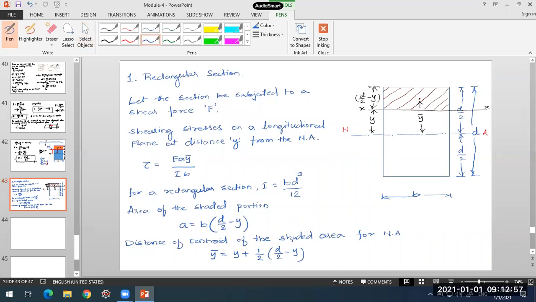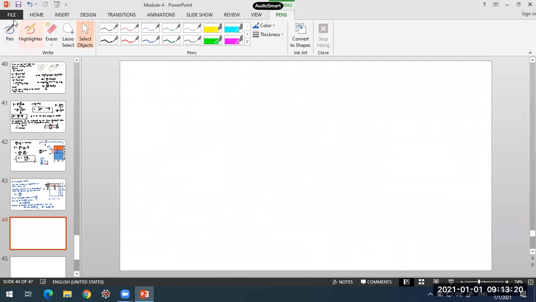So finally y bar will be 1 by 2 into d by 2 plus y. You can try opening that bracket and simplifying. Now I can substitute those terms in this equation.